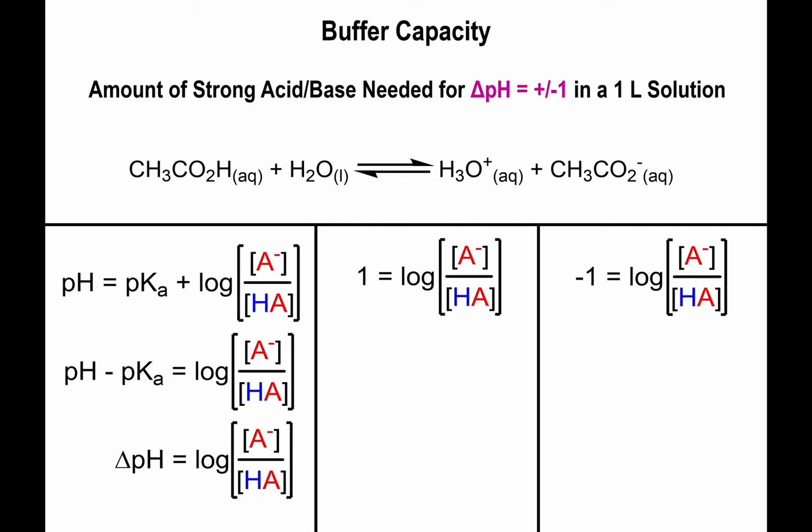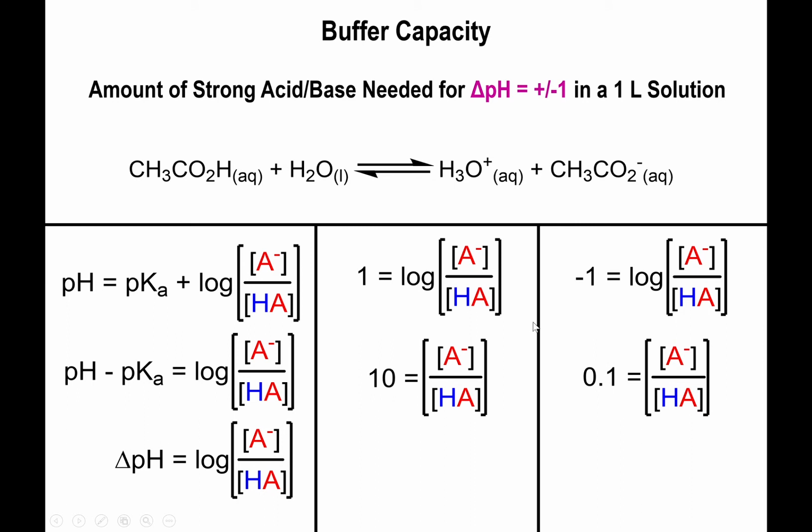Now, I'm going to go under the assumption that the change equals 1. And this is a very simplistic way of looking at it, right? Because it doesn't necessarily mean that the pH minus pKa is always going to be plus or minus 1. But I'm oversimplifying the idea a little bit so that you can see where I'm going with it. So if the change in pH is plus 1 or negative 1, we're going to have some specific features happening.